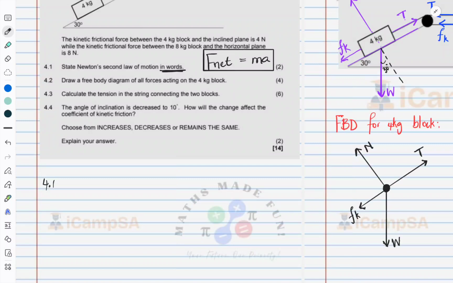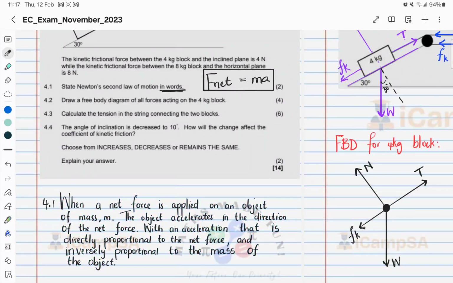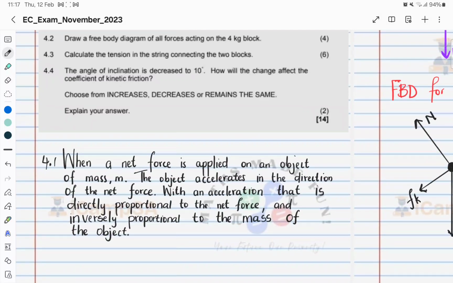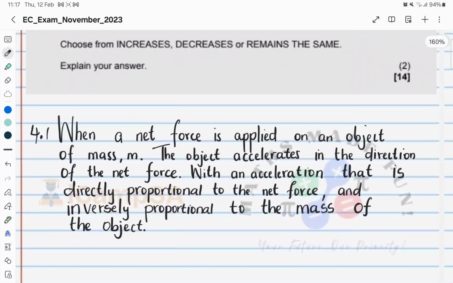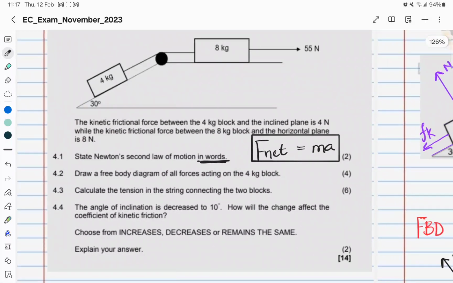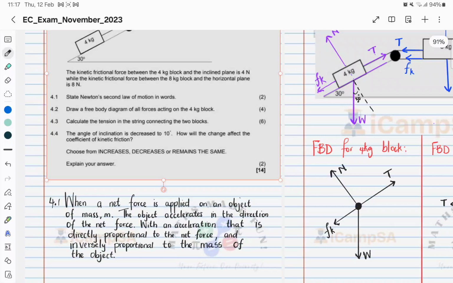You just need to make sure it's in your head and you know it off by heart, okay, for situations like this. So yes, when a net force is applied to an object of mass m, the object then accelerates in the direction of this net force with an acceleration that is directly proportional to the net force but inversely proportional to the mass of the object. Also stated, F net equals ma. So that's what you need to do.